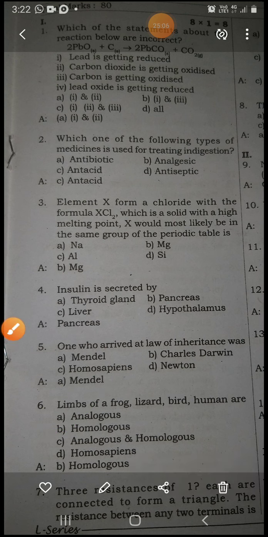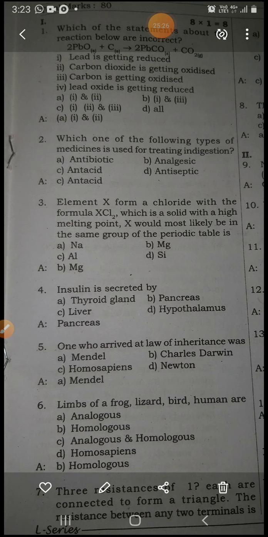Okay, so next, the seventh question which is given: three resistors of 1 ohm, I think it is misprinted. Three resistors of 1 ohm each are connected to form a triangle.